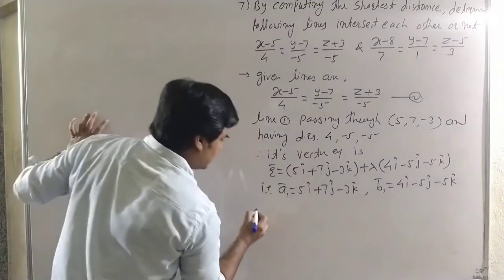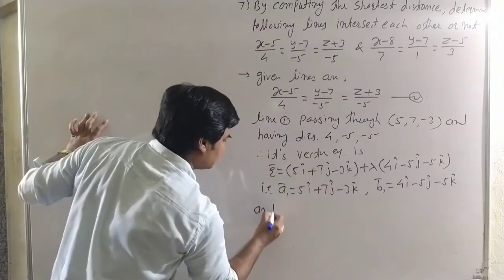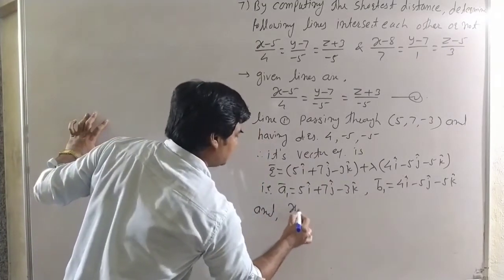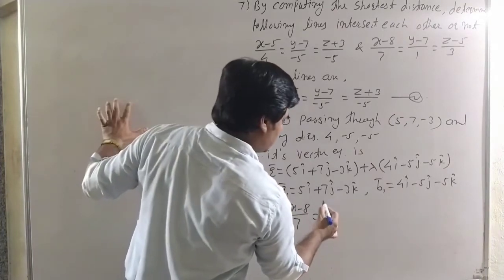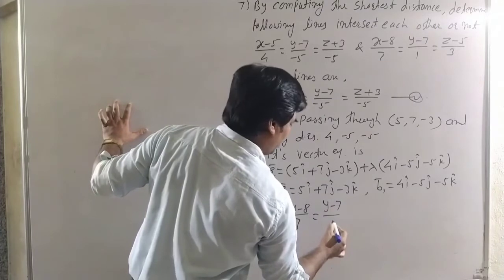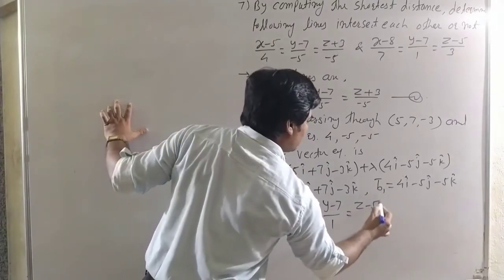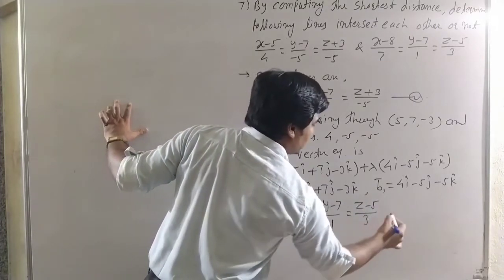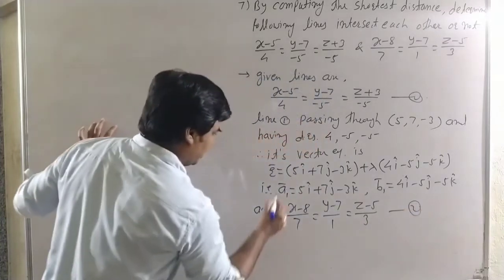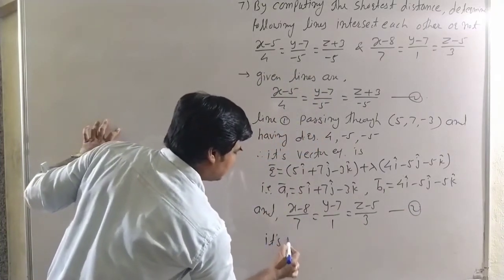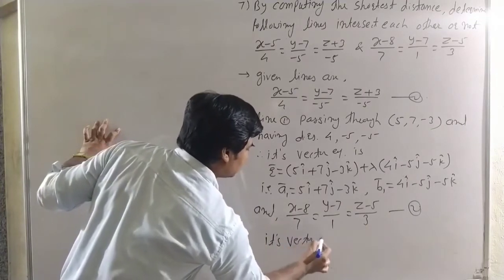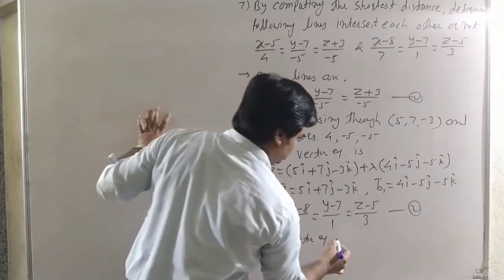And the second line, (x minus 8)/7 = (y minus 7)/1 = (z minus 5)/3. It is equation number 2. Now its vector equation can be written directly.